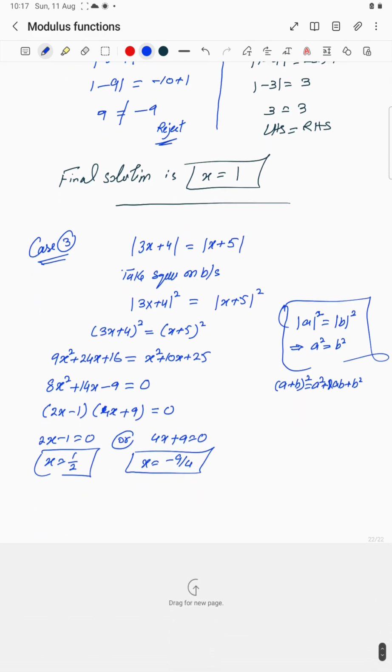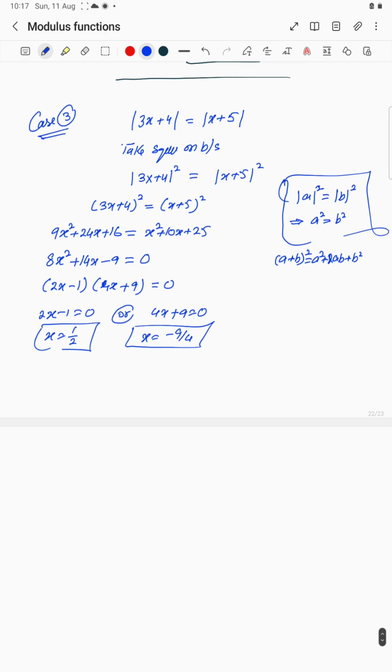Again, don't forget to check your results, and for the check we always apply the original function. So for x equal to 1/2 and for x equal to −9/4, one by one we will apply.